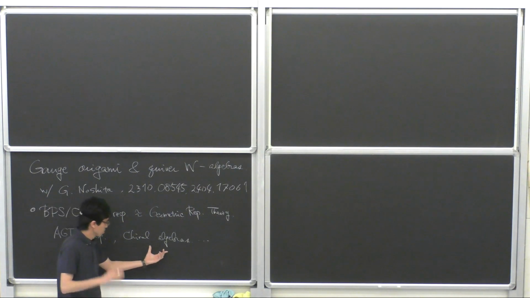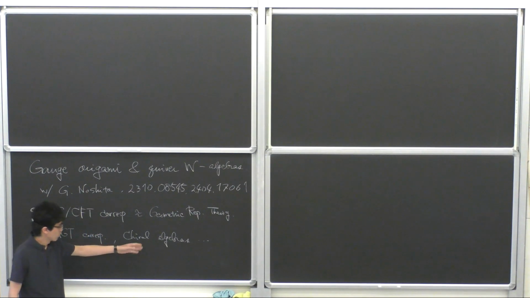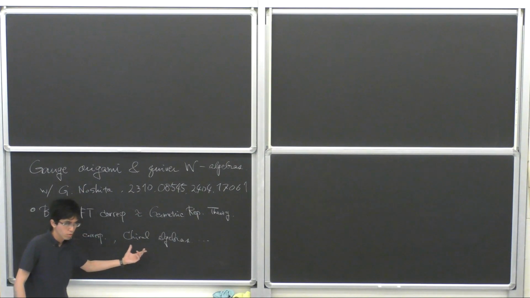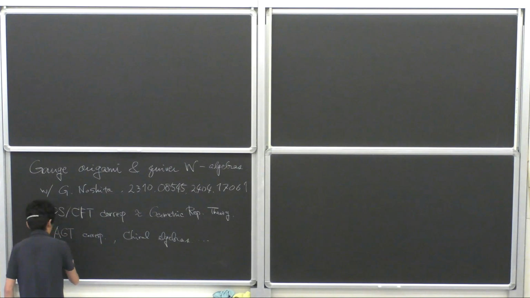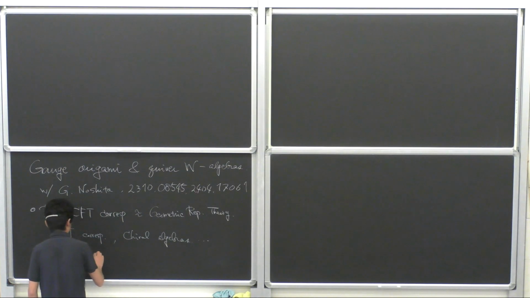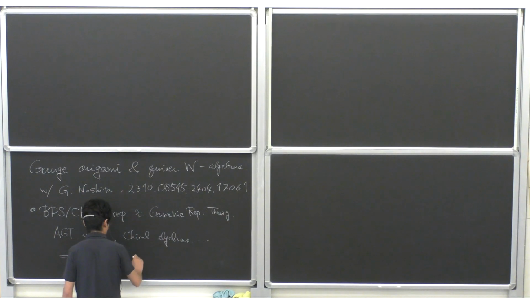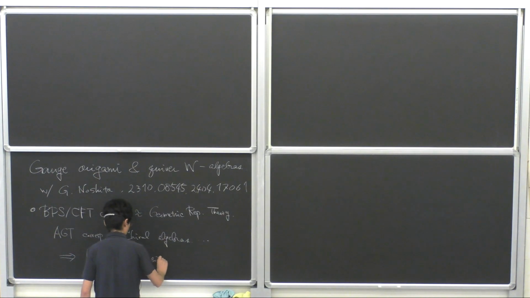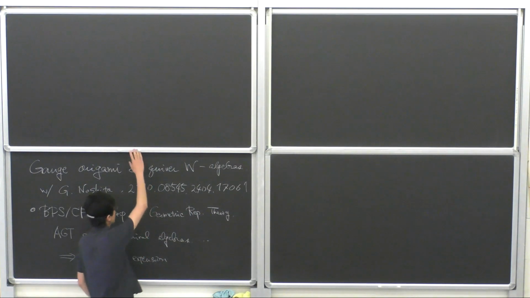The chiral algebra was initially studied for 4D N=2, and we can also extend it to 6D N=(2,0). But today the motivation is a higher dimensional extension, which is one of the motivations to study the gauge origami that I'm going to explain.